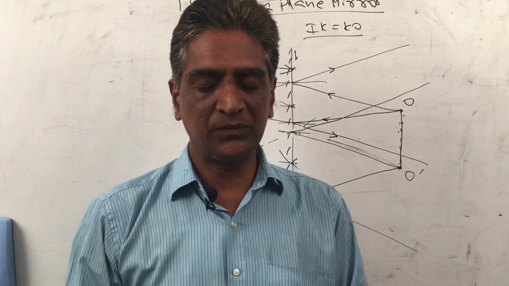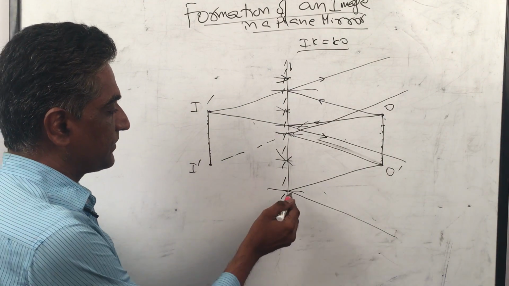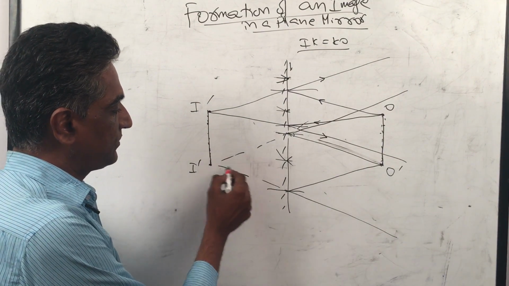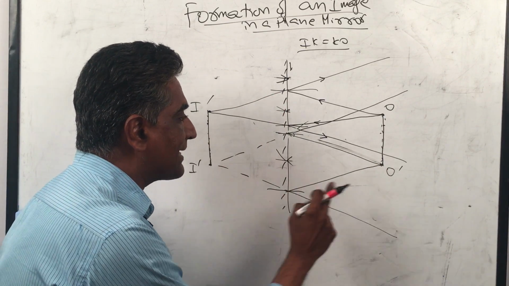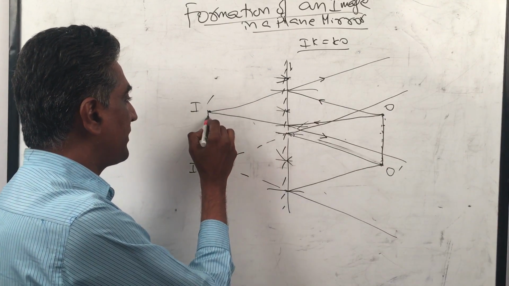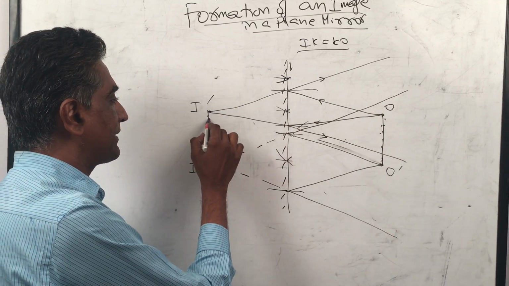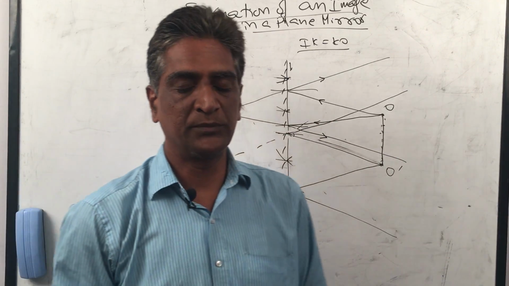So this is nothing new. The diagram could be a little complicated, but there's nothing new. So these two are converging. So wherever you are, it looks as if this point is here, this point is there, that point comes here. So this is the image formed.